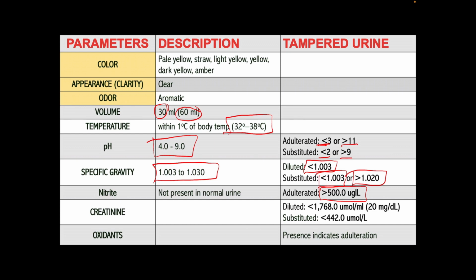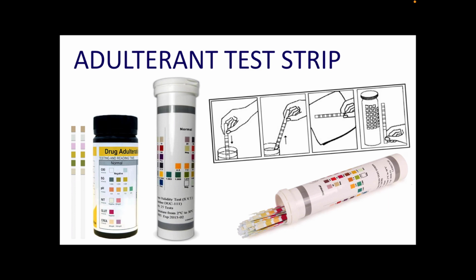For creatinine, it's less than 20 milligrams per dl or 1,768 micromoles per liter if it is dilution, or substitution for less than 2 mg/dl or 177 micromoles per liter. And oxidants, its presence indicates adulteration. So this is how the adulterant or adulteration test strips look like.